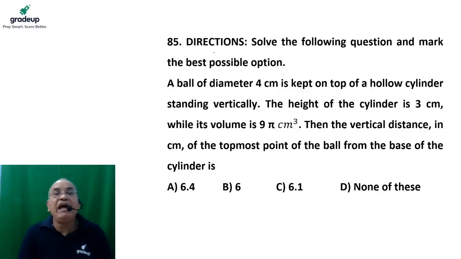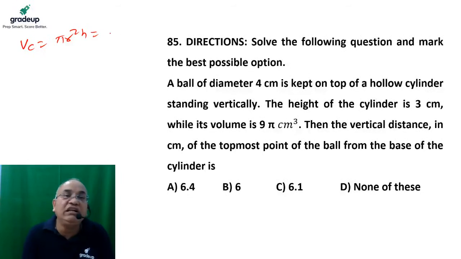A ball of diameter 4 centimeter is kept on the top of a hollow cylinder standing vertically. The height of the cylinder is 3, and the volume of the cylinder is 9 pi centimeter cube. The volume of a cylinder, everybody knows, is pi r square h, and it is given to us as 9 pi.